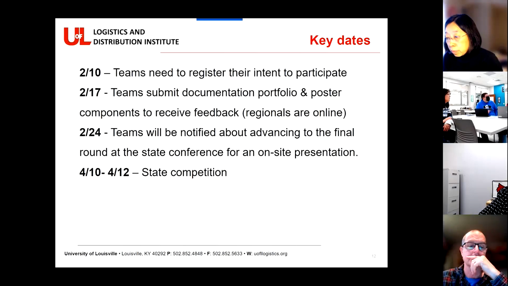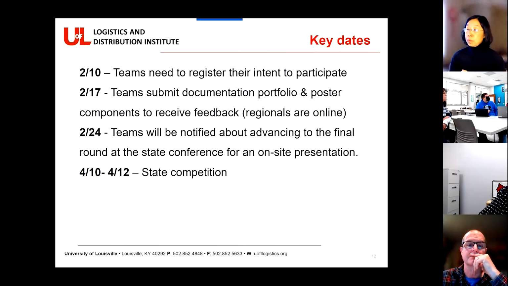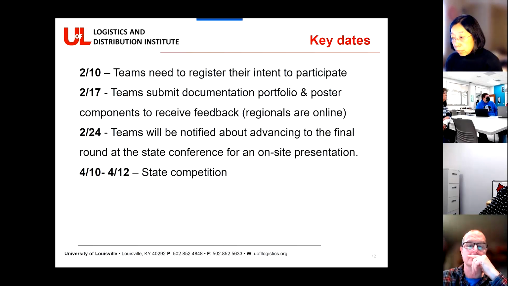On February 24th, all the teams will be notified about their status. We'll let you know whether you're advancing on to the state conference, or unfortunately will not be able to move forward from the regional competition.